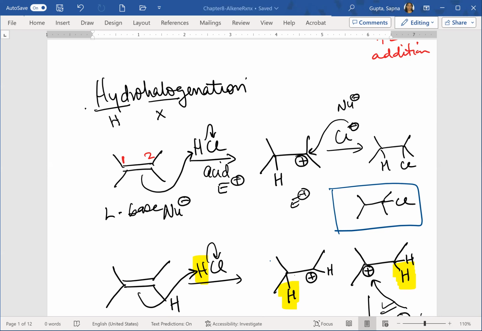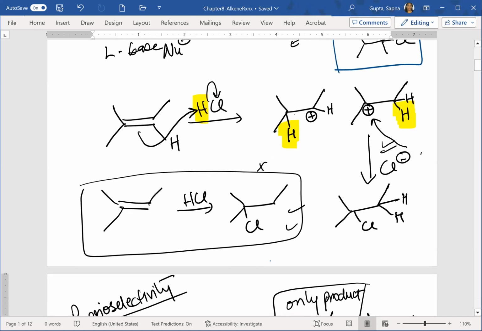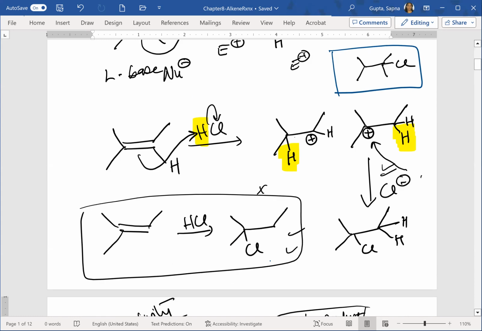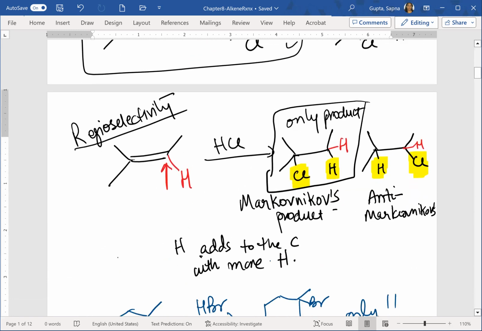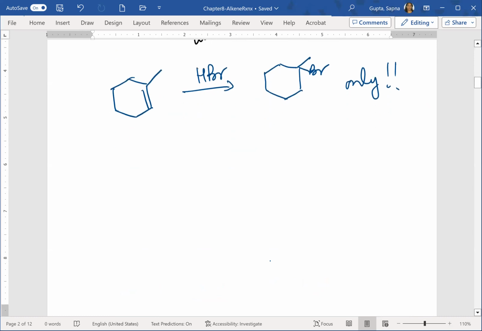Markovnikov product is only when you have an asymmetric alkene. Usually I give you an asymmetric alkene because the whole purpose of this reaction is to learn that you will get a very specific kind of product. And if you're thinking, well, I don't want the Markovnikov product, I want the anti-Markovnikov, for that you'll have to wait a little bit, because I will cover that later.